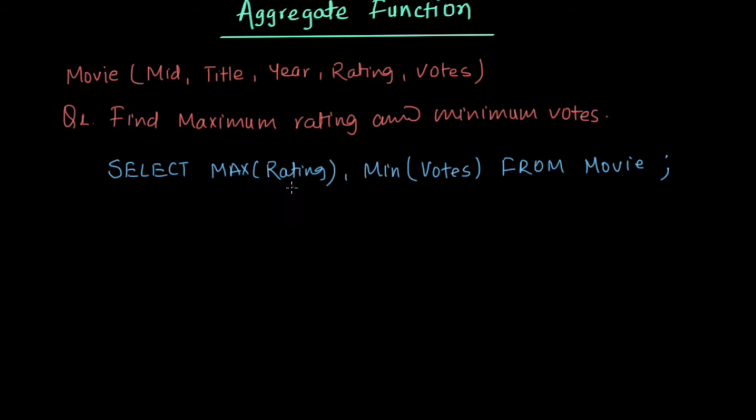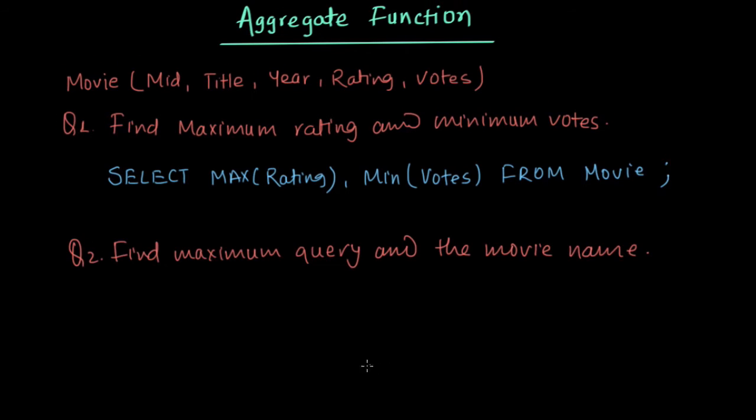So far we know that the maximum rating is 9, which we just ran on our terminal. Now what if I want to know the movie name for which the rating is maximum? So the second query is to find the maximum rating and the movie name. It is again very simple.